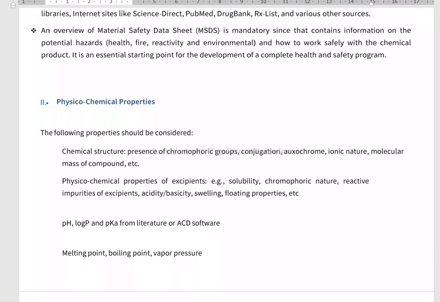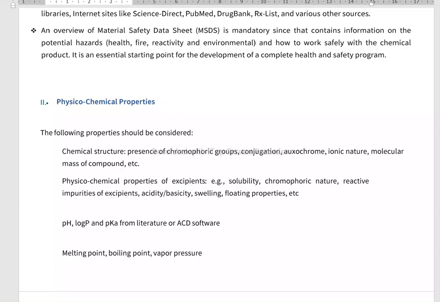The following properties can be considered: chemical structure. In the chemical structure, you should find the presence of chromophoric groups, conjugation, auxochromes, ionic nature, molecular mass of the compound, etc.